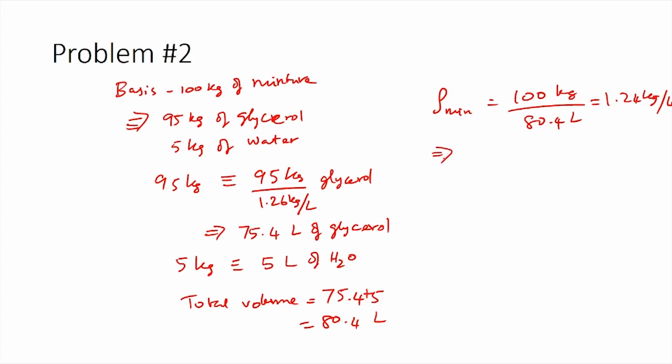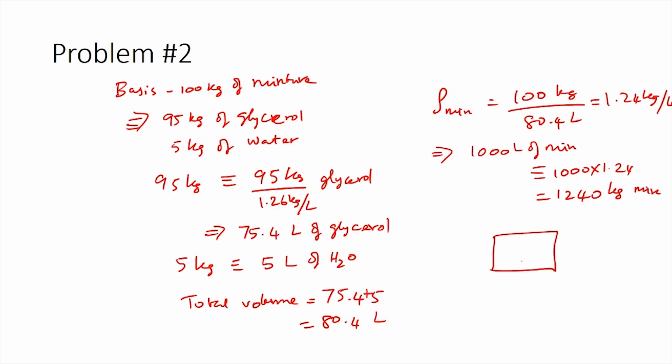This implies that 1000 liters of mixture which is fed would actually weigh 1000 times 1.24, which is equal to 1240 kilograms of mixture. So, the process flow chart would look something like this.